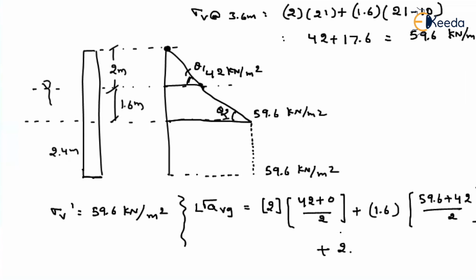So the remaining is 2.4 into 59.6. Then sum it up, how much are you getting? This is your L into average value.